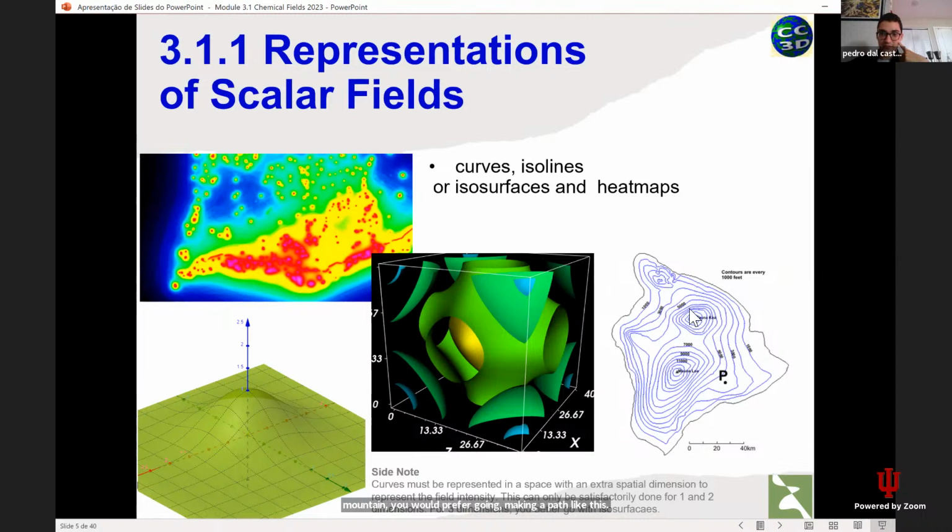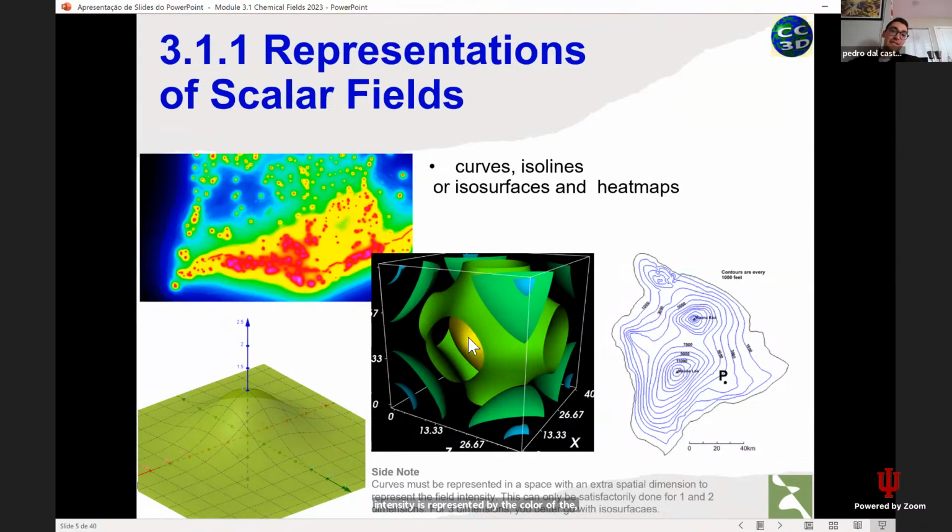And in 3D, it's complicated to represent a scalar field, because you require an extra dimension. So in this case, you can use isosurfaces. Here's a snapshot of a 3D simulation. And in this particular example, the field intensity is represented by the color of the isosurface.